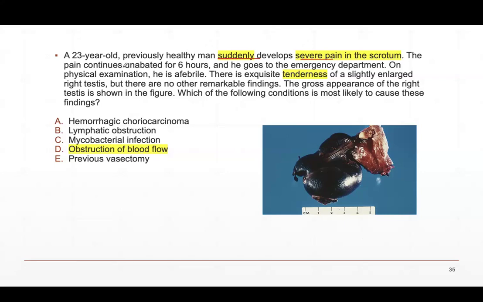Let's just make sure of it in a minute, because I believe that when you lift the scrotum, it does relieve the pain.